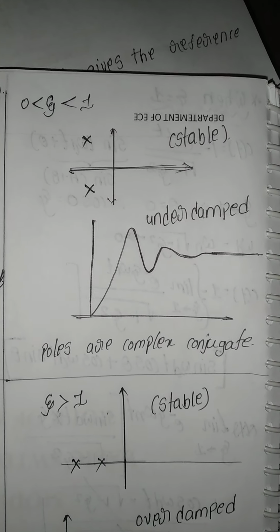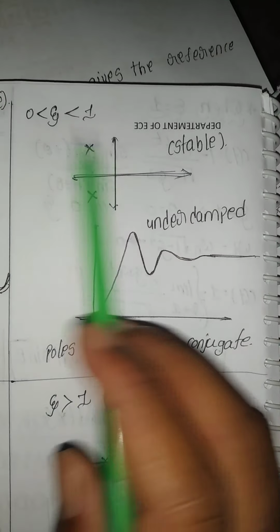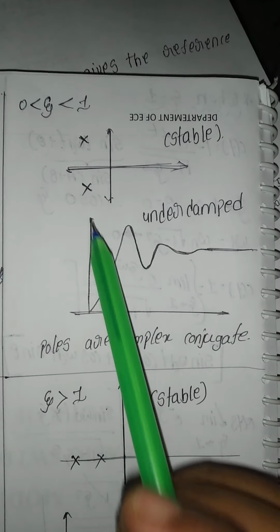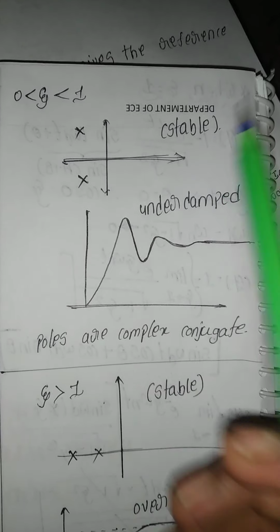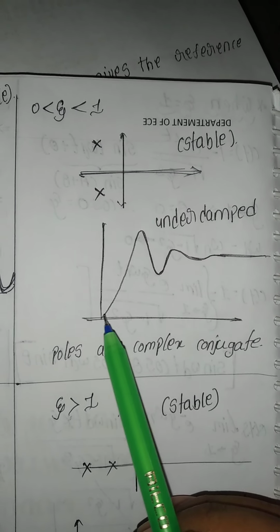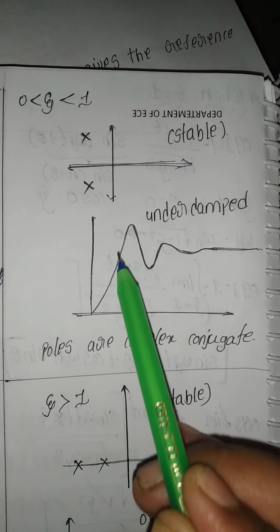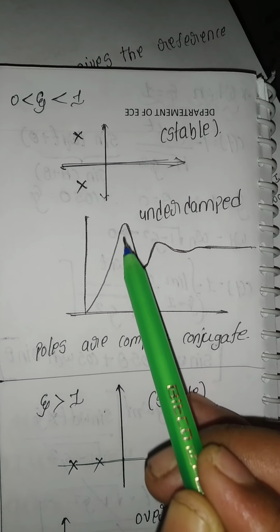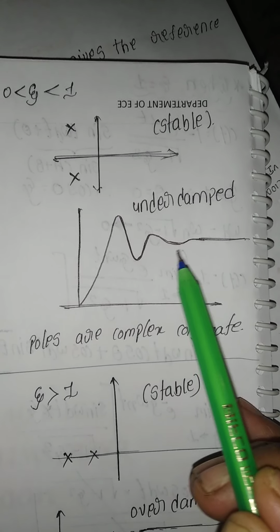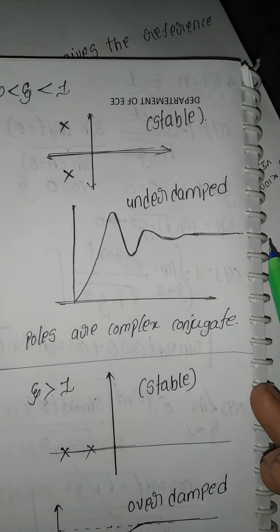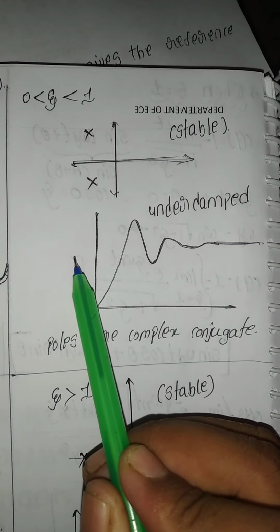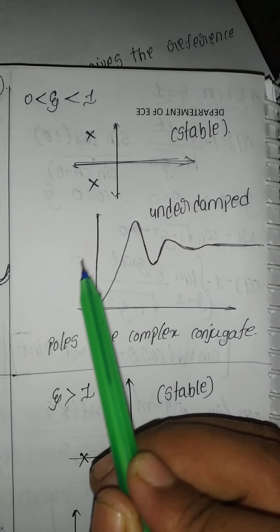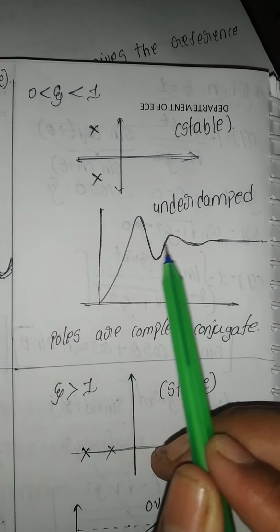Next one was when zeta is between 0 and 1. In this case, the poles are complex conjugate. It is a stable system. In this case, the response is oscillatory and reaches steady state. The output equation is an exponential form multiplied by a sine wave.